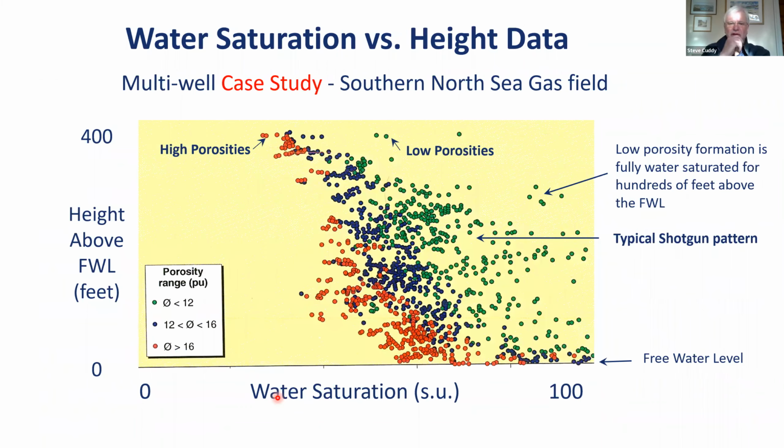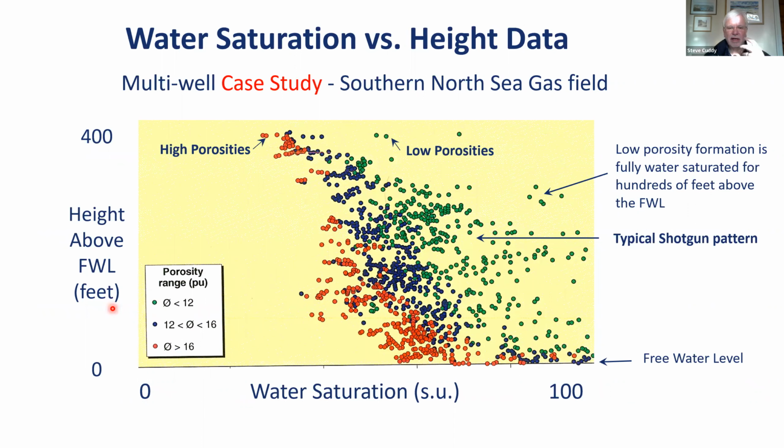Let me show you this real case study. This is from the southern North Sea, and it's a gas field. And it shows a very typical pattern. We have water saturation between 0 and 100% against the height above the free water level, in this case in feet.